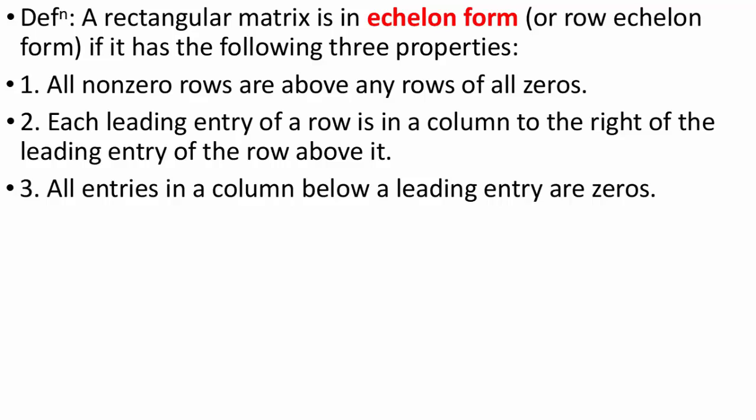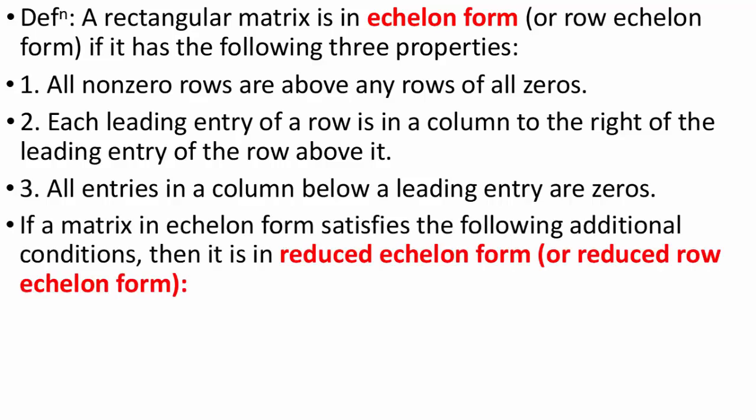Second property, each leading entry of a row is in a column to the right of the leading entry of the row above it. All entries in the column below the leading entry are 0.